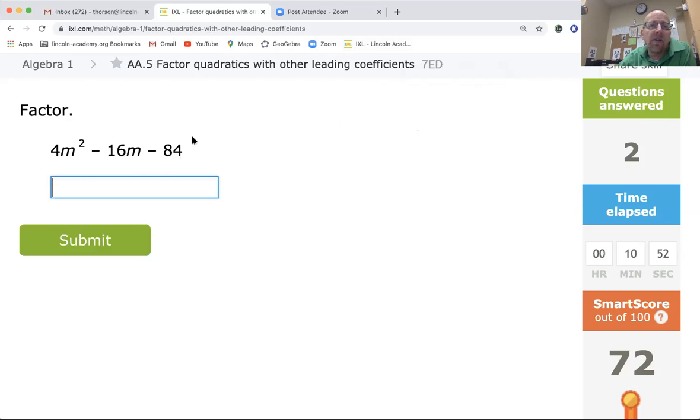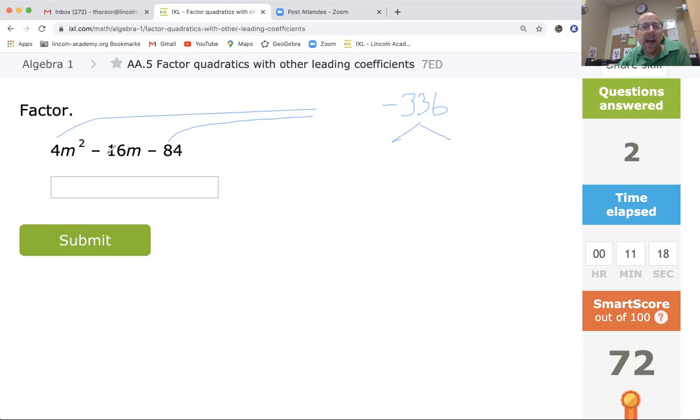Very good, 336. And it is negative. You are correct. It is negative, yes. So when we multiply this first number by this last number, we get a negative 336.